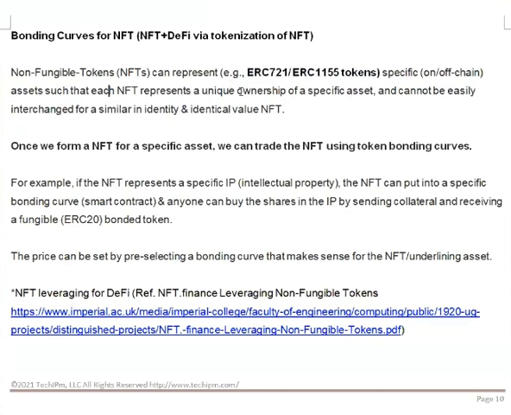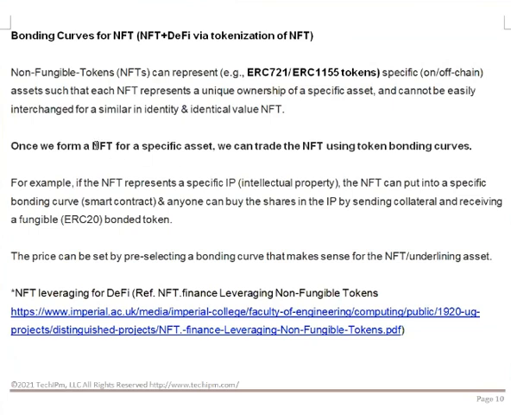This is the ownership of a specific asset. Non-fungible means that it cannot be replaced by any other one, because it is unique and cannot be easily interchanged with a similar or identical value of NFT. So this is unique to this NFT. But if you want to use NFT in DeFi, the easiest way is to use a bonding curve.